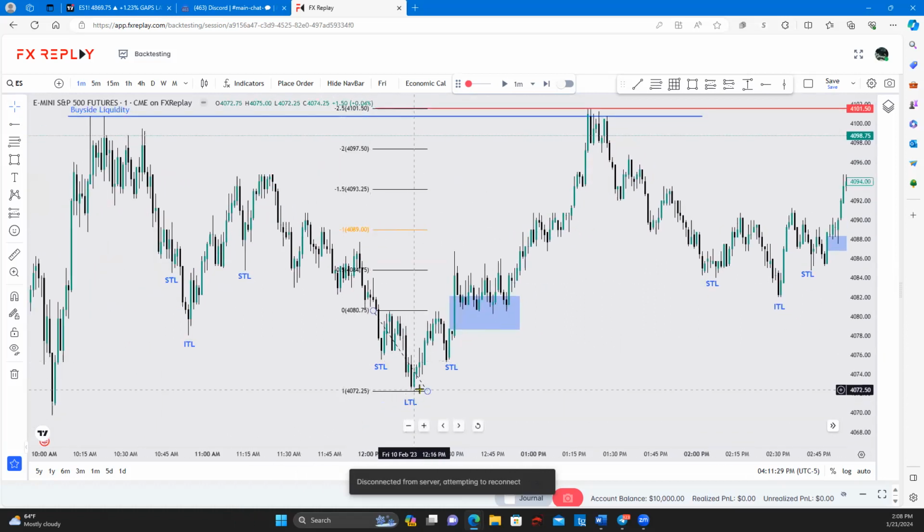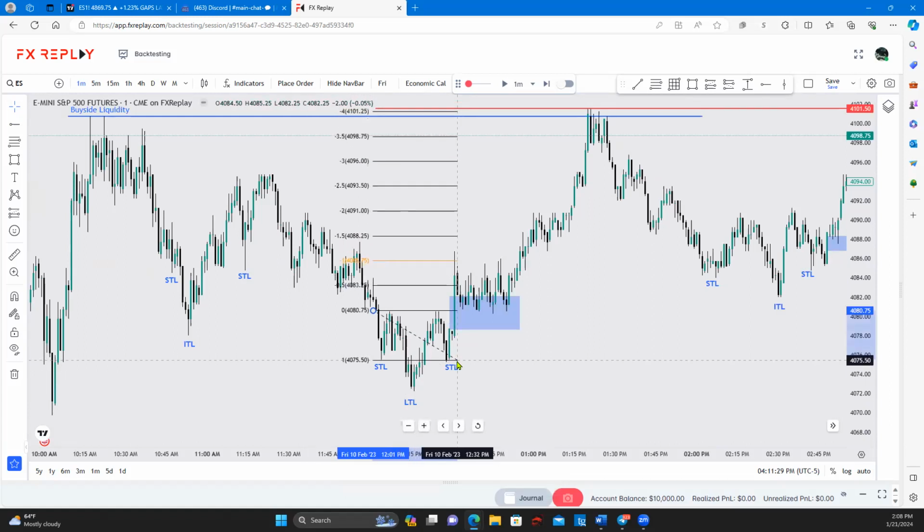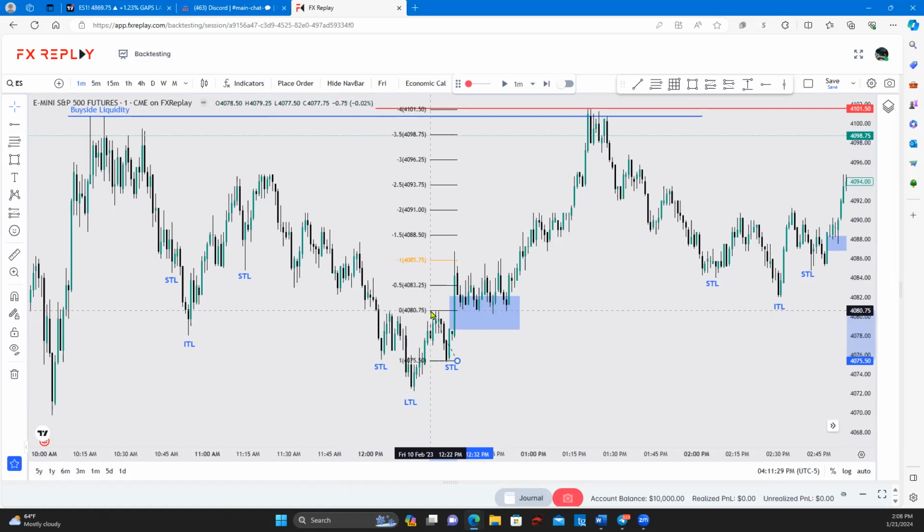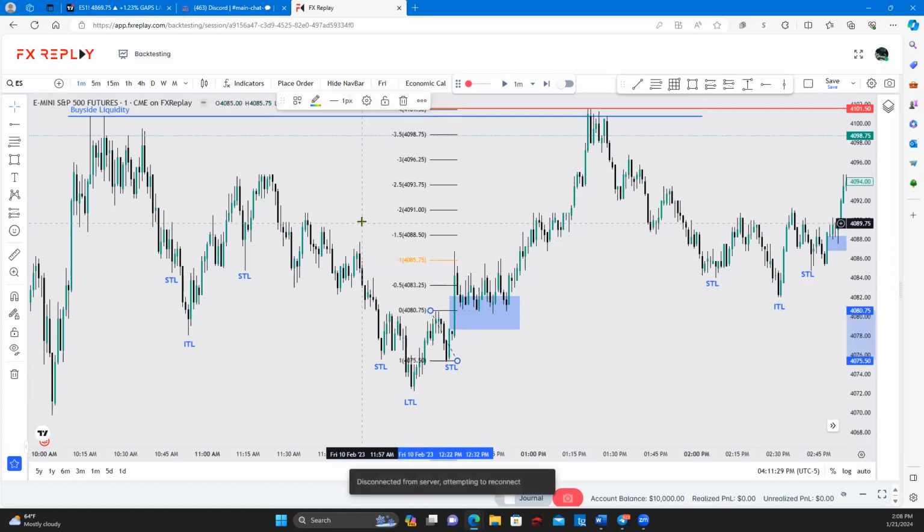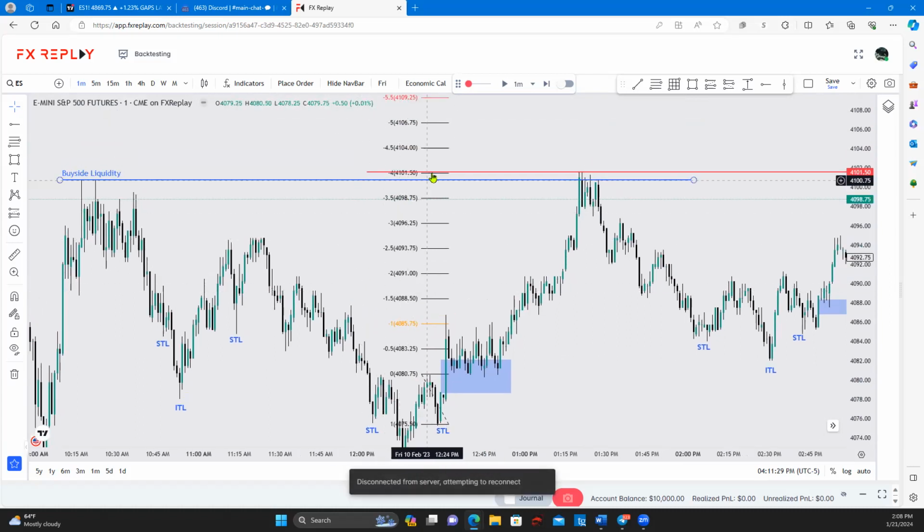So now we're going to take our fib from this low here to this high here, and we'll get it lined up here. This one, again, 4101.50. And then we also have this one above here.